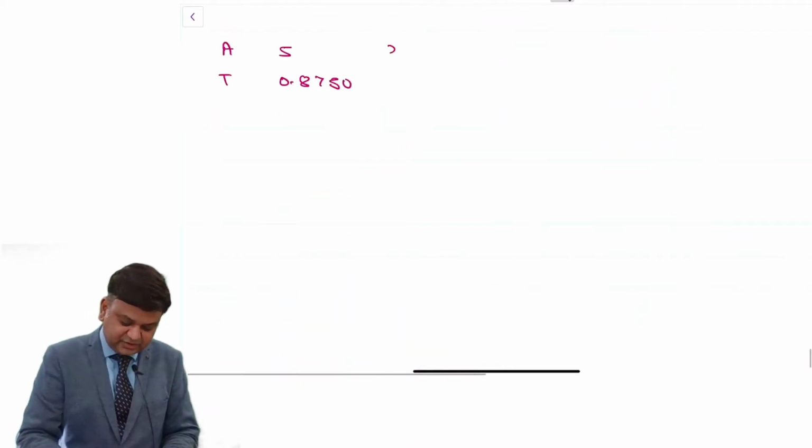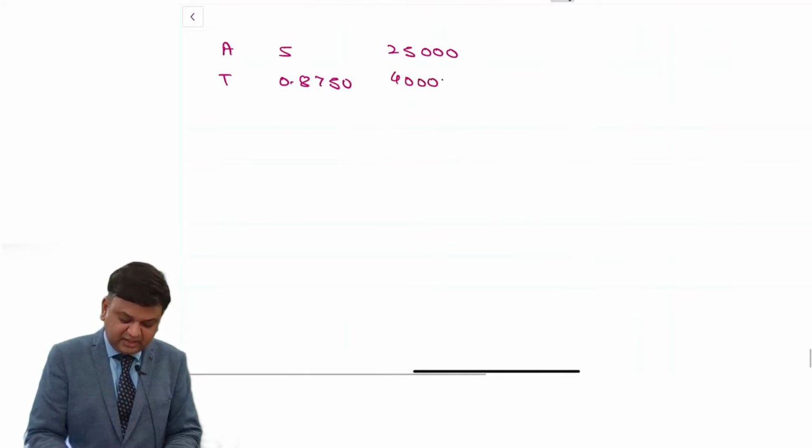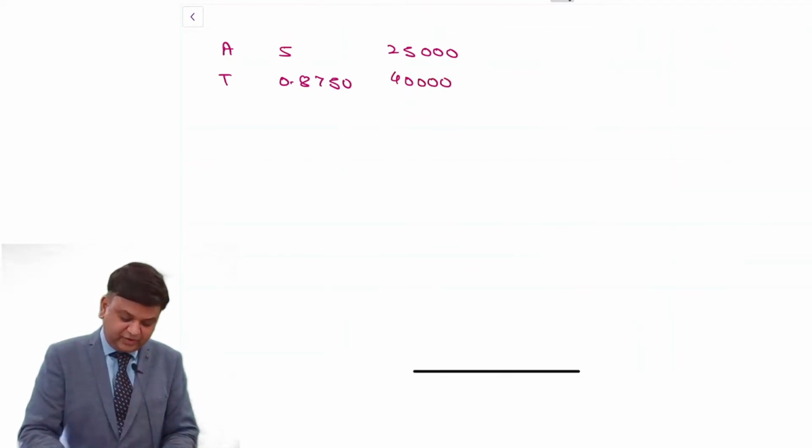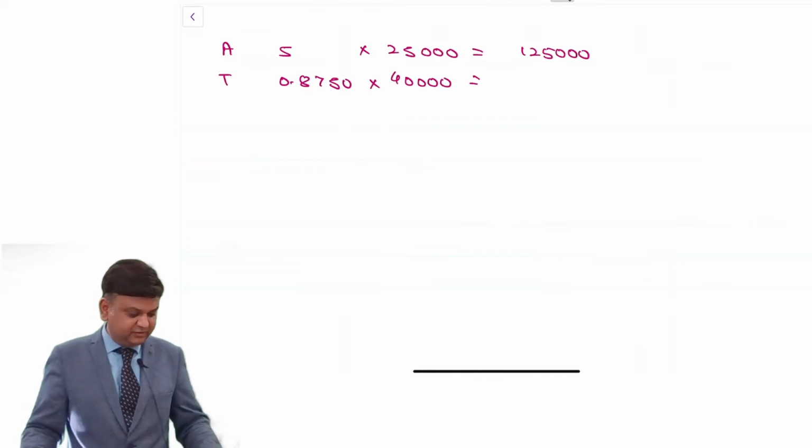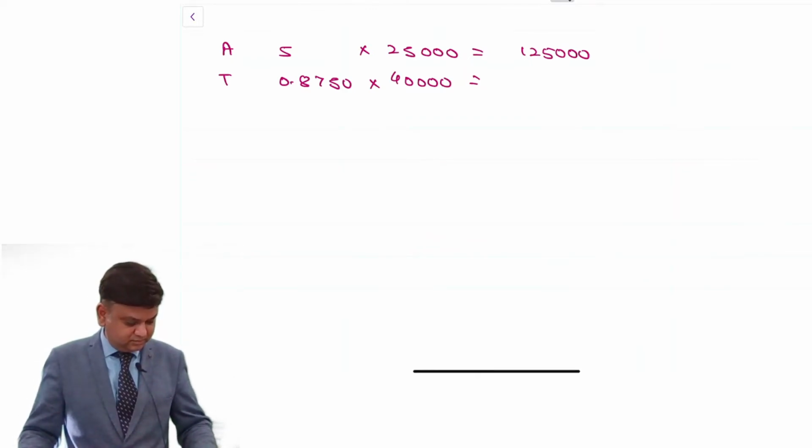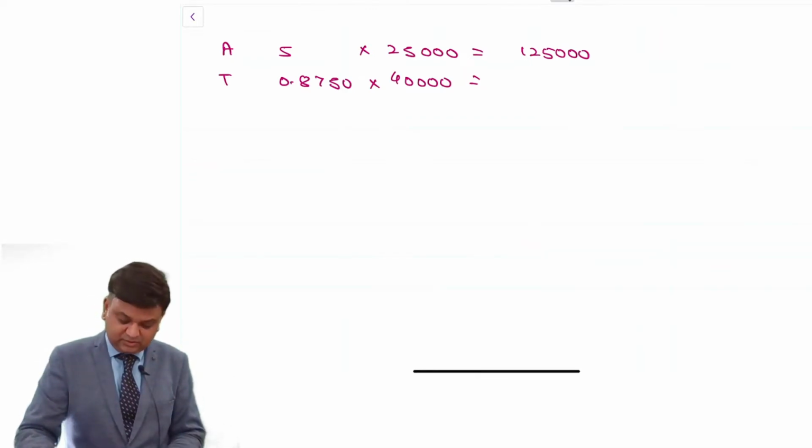Acquiring company's number of shares are 25,000 and target company's number of shares are 40,000. So 5 into 25,000 comes to 1,25,000. 0.875 into 40,000 comes to 35,000.